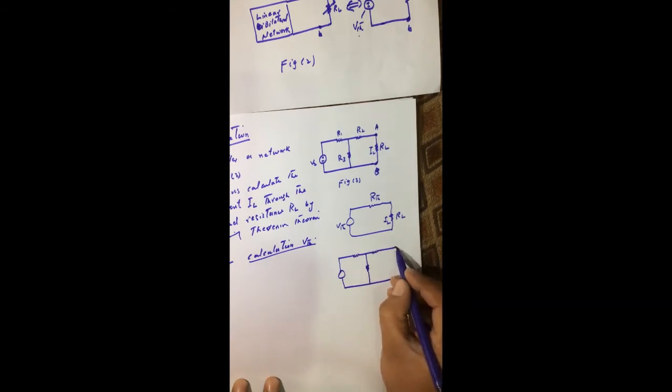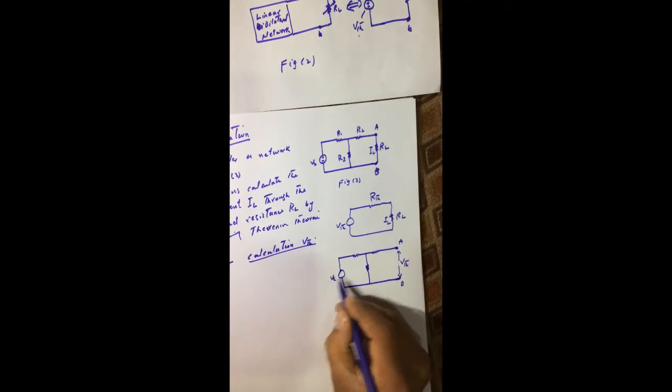So we have this open circuit. Now we remove the load resistance. This is terminal A, this is terminal B. Across this terminal we will calculate the voltage, which we will call Thevenin voltage.